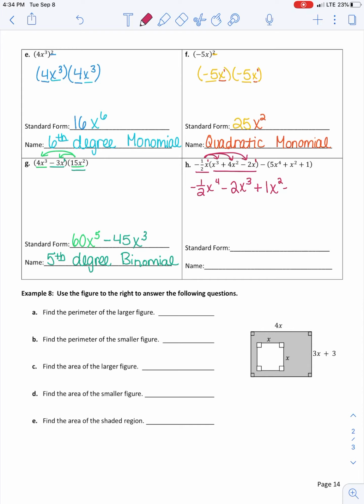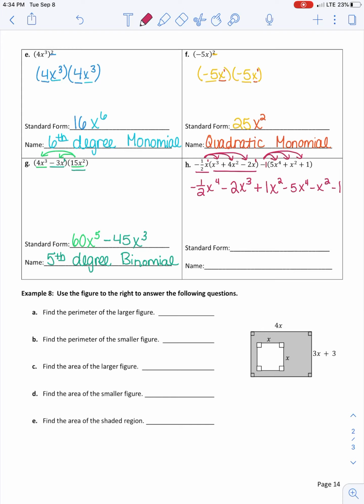Now with this, don't forget, it's like having that negative 1 there, and we're going to have to distribute that negative 1 into everything in that second set of parentheses. So negative 1 times 5x to the 4th is just negative 5x to the 4th. Negative 1 times x squared is negative x squared. And negative 1 times 1 is negative 1. So again, it's just like changing all of your signs.